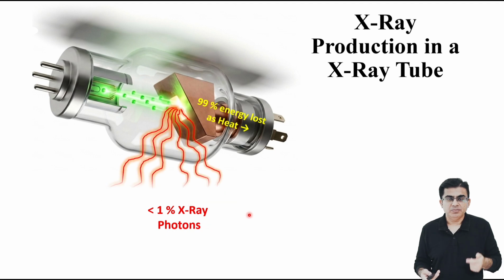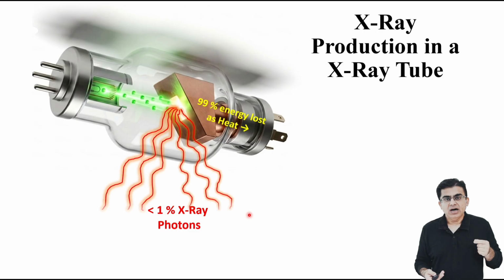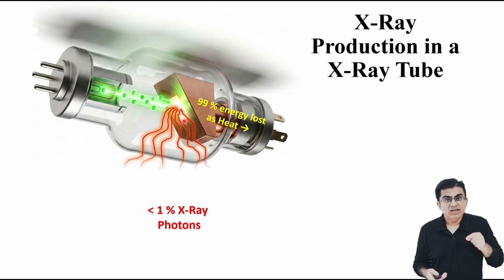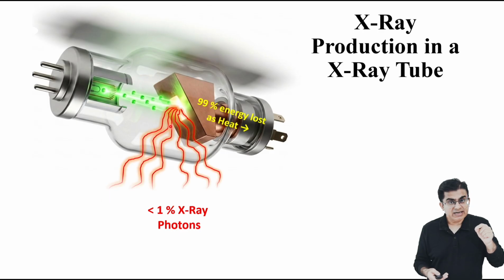Here comes the next topic. I will teach you in my next lecture how actually is the radiation formed at atomic level when the high speed electron hits the tungsten target. How do these high-speed electrons interact with the atom of the tungsten anode target right here and produce X-ray photons?